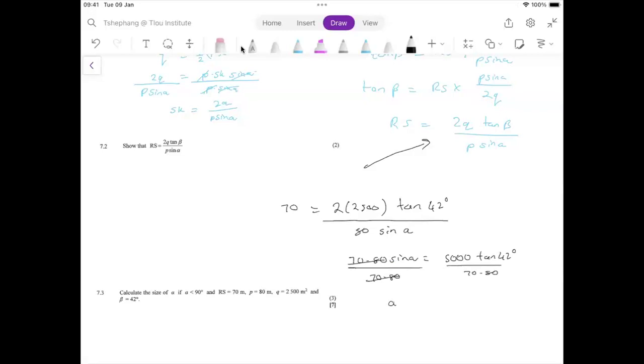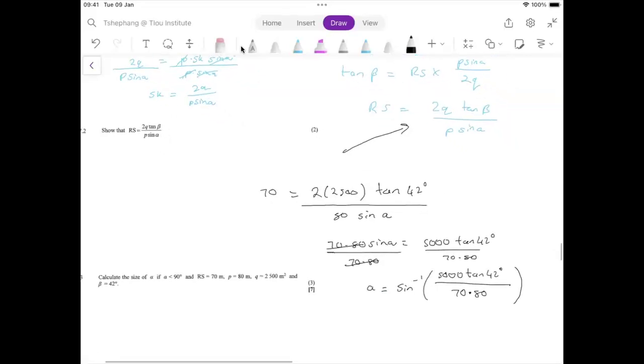And then alpha will be shift sine of 5,000 tan 42 over 70 times 80. That's not a dot, it's a multiplication. Okay, and on our calculators, that should give us 53.51 degrees.